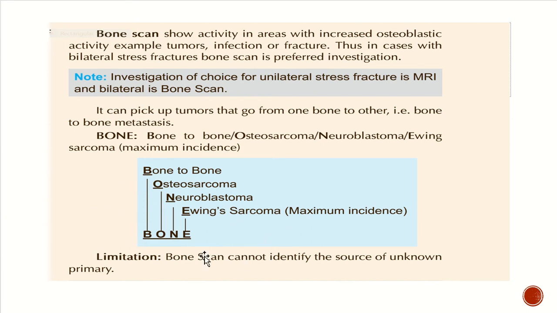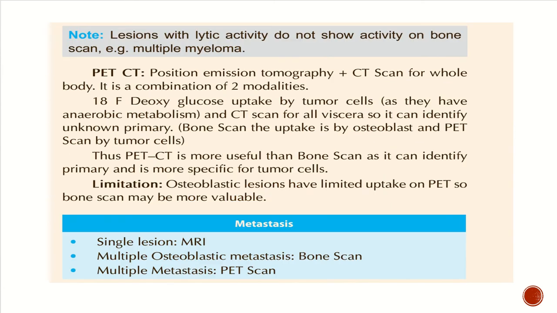The limitation is that bone scan cannot identify the source of an unknown primary. And lesions with lytic activity do not show activity on bone scan.